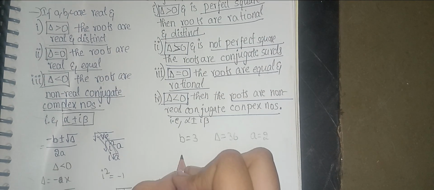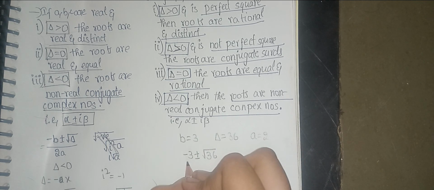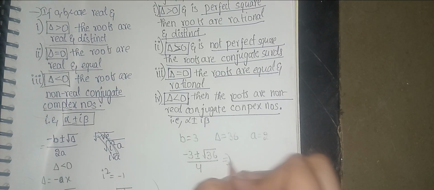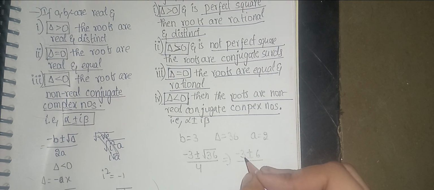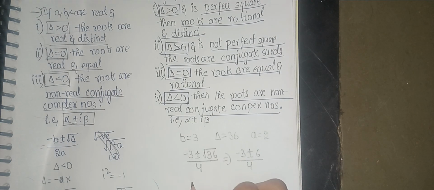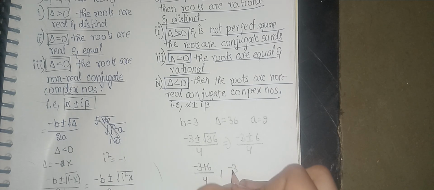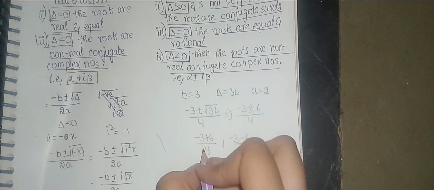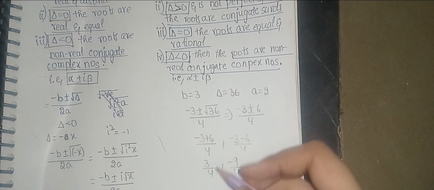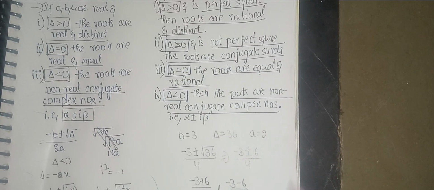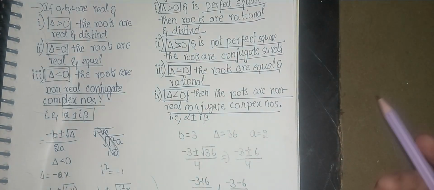Then minus b is minus 3, plus or minus root 36 by 4, means minus 3 plus or minus 6 by 4. Minus 3 plus 6 by 4, comma, minus 3 minus 6 by 4. It is 3 by 4, comma, minus 9 by 4. Here these two roots are rational and distinct. Understood?